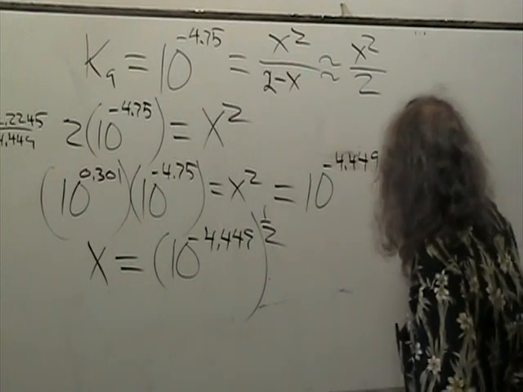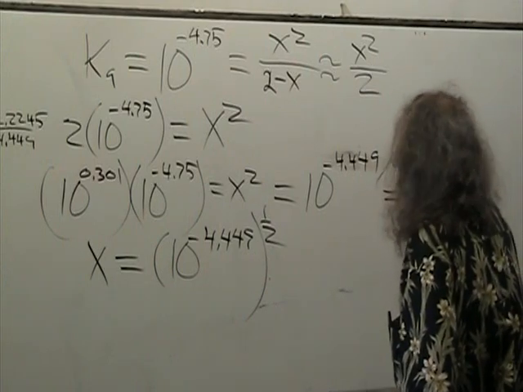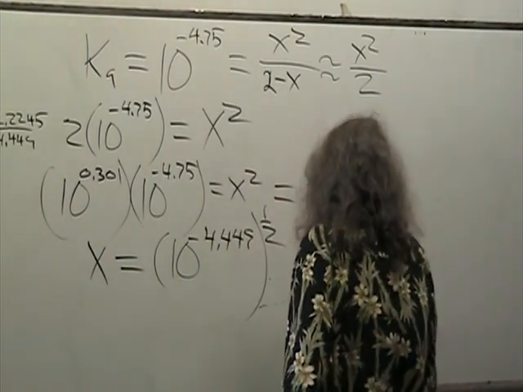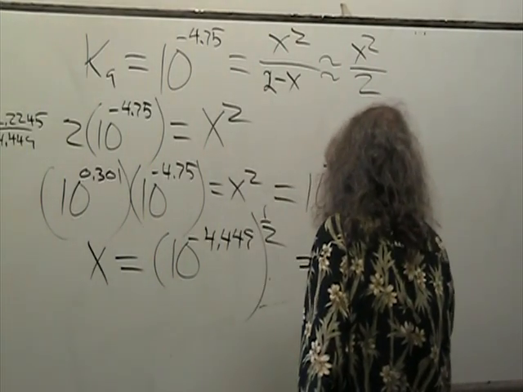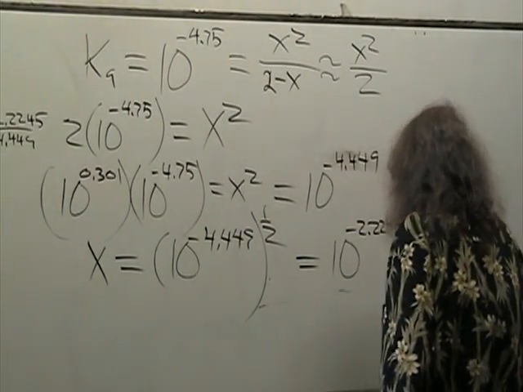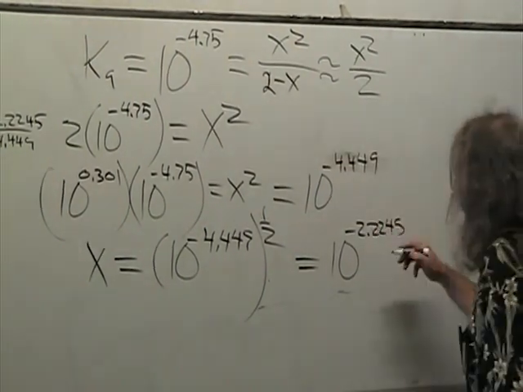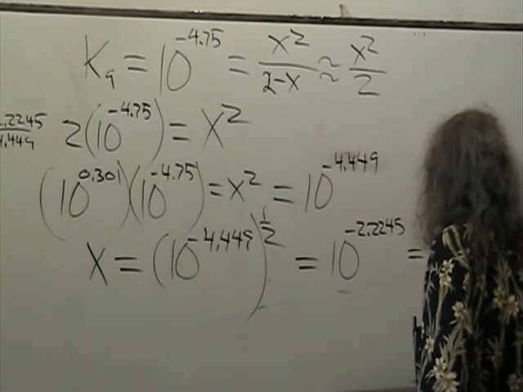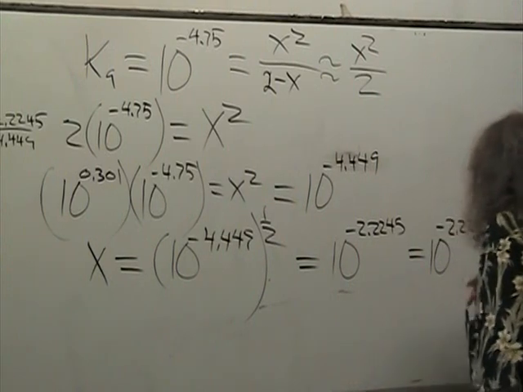And so this is going to be, next line down, equals 10 to the minus 2.2245. That's going to be equal to 10 to the minus 2.22.